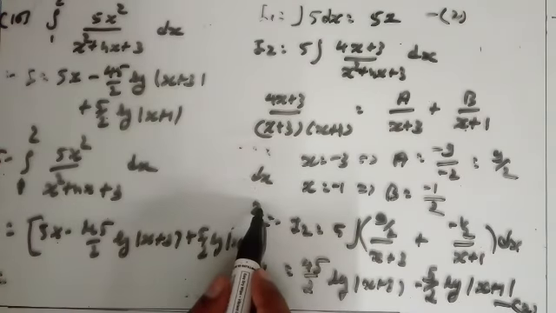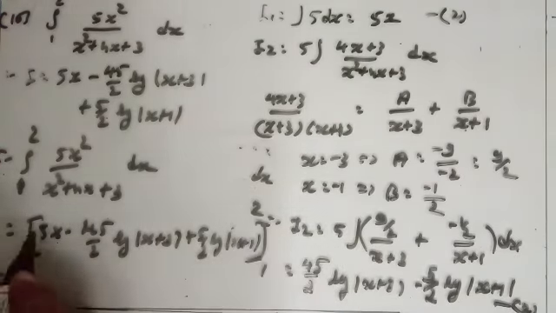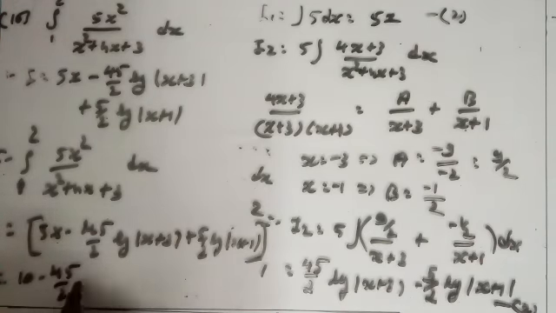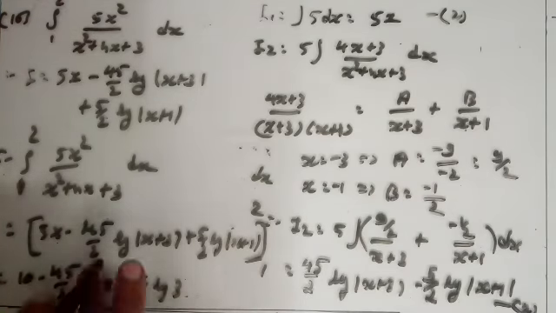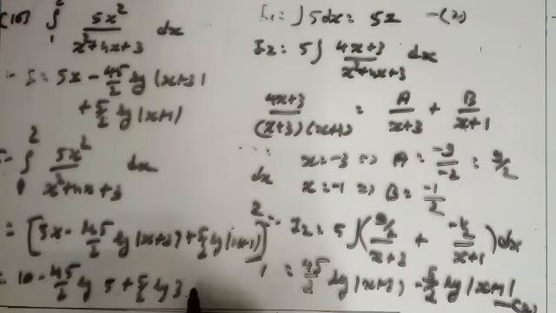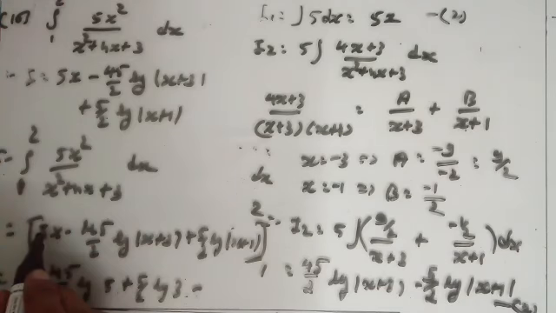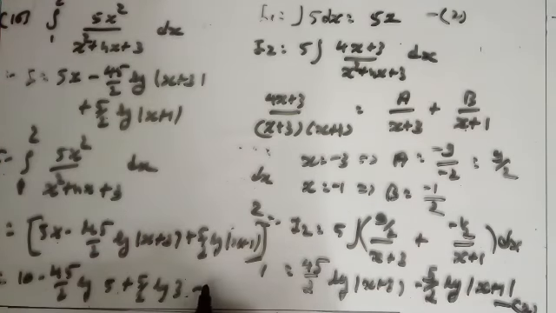Here first f(b) minus f(a). Here b is equal to 2. So 5 into 2 becomes 10, minus 45/2 log(2 + 3), plus 5/2 log(2 + 1), that is a 3. Here remove this magnitude because 5 is positive. Minus, now replacing x by 1: 5 into 1, that is 5, and apply the minus sign, subtract all.